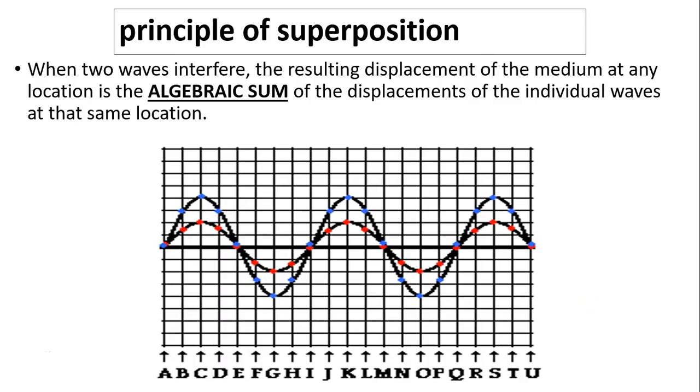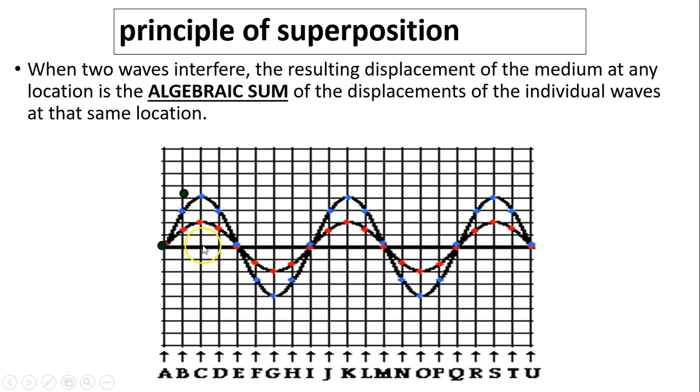Principle of superposition. When two waves interfere, the resulting displacement of the medium at any location is the algebraic sum of the displacements of the individual waves at that same location. So here are two waves. How do we add them together? We add them. For example, the first point, both waves have 0, so the result is 0. The second point, one wave has 2, the other has 1.5, so the result is 3.5.